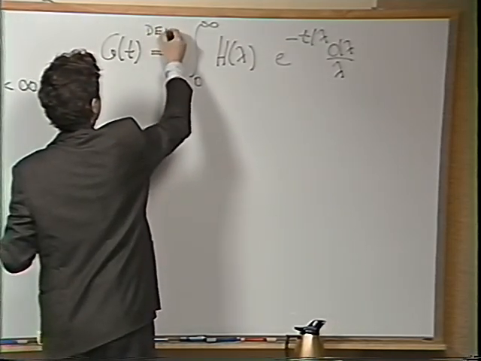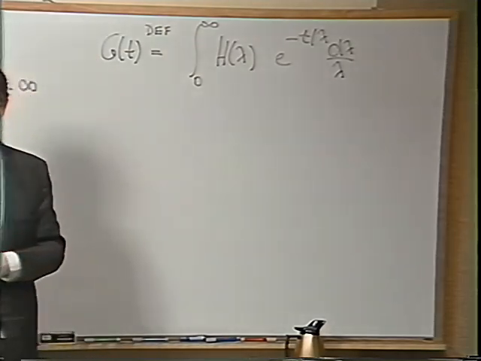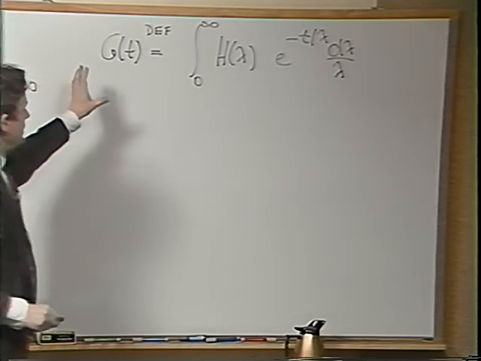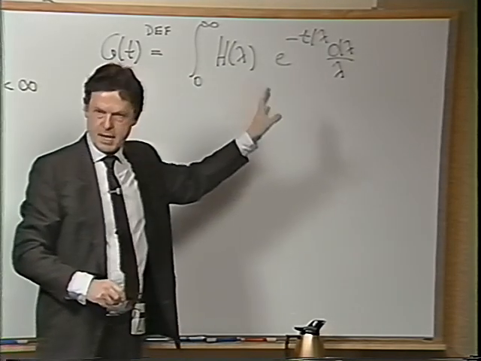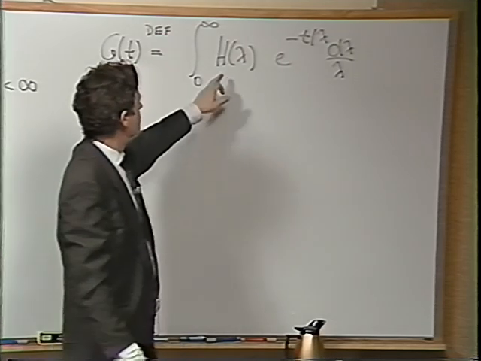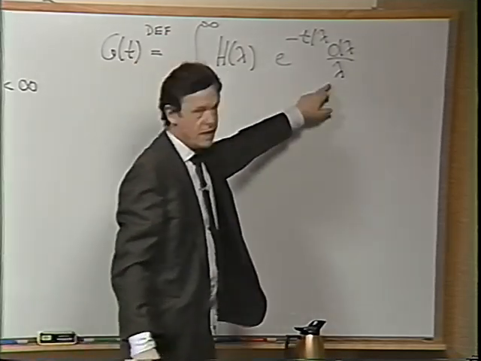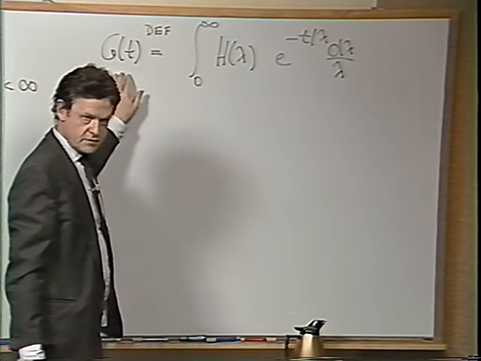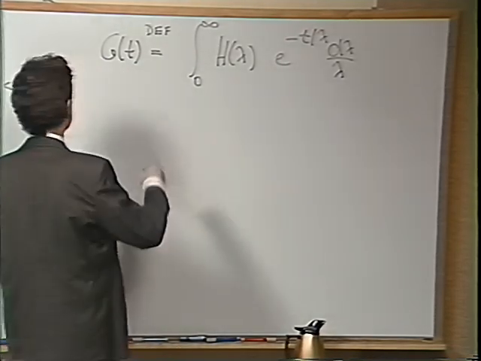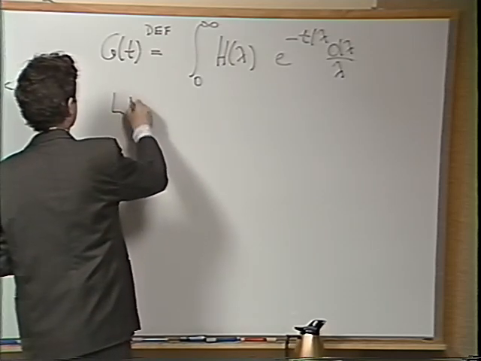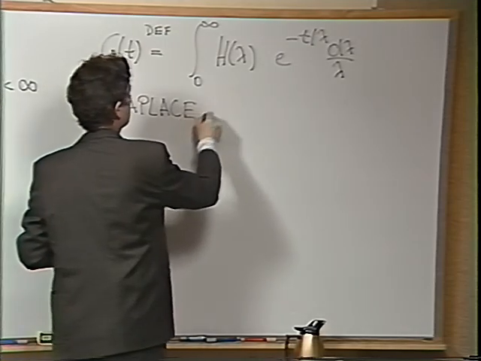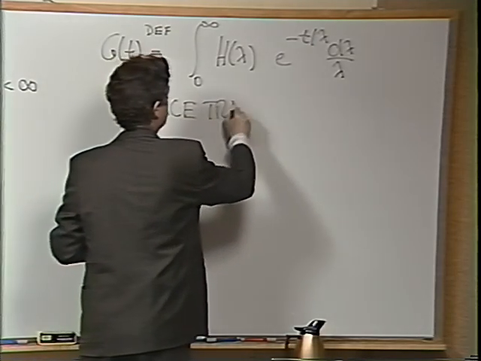The defining equation relates the relaxation modulus with the relaxation spectrum. Now, this type of integral is a so-called Laplace transform. We could say h of lambda divided by lambda has a transformation g of t. This is the so-called Laplace transform.